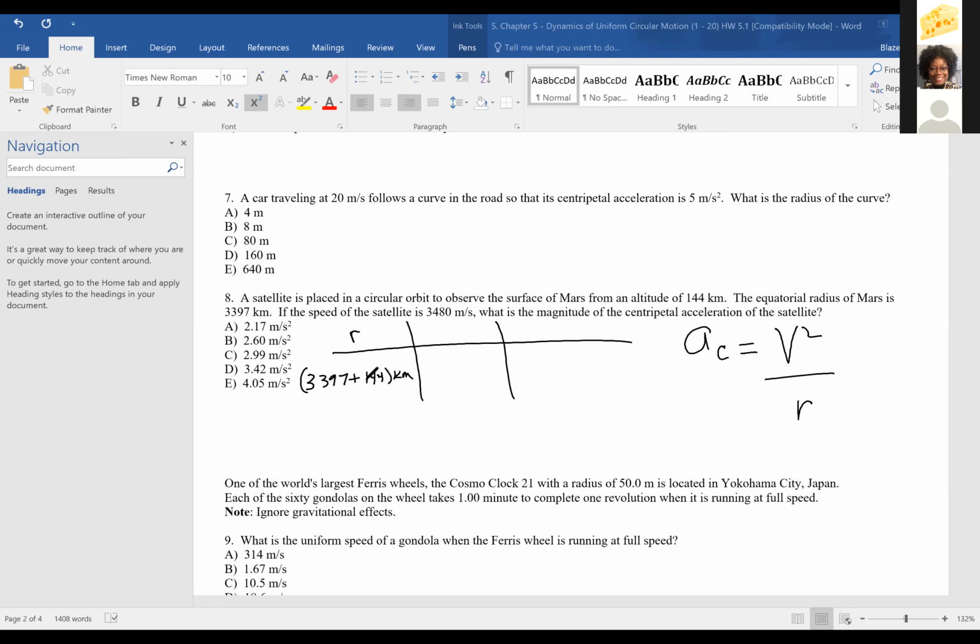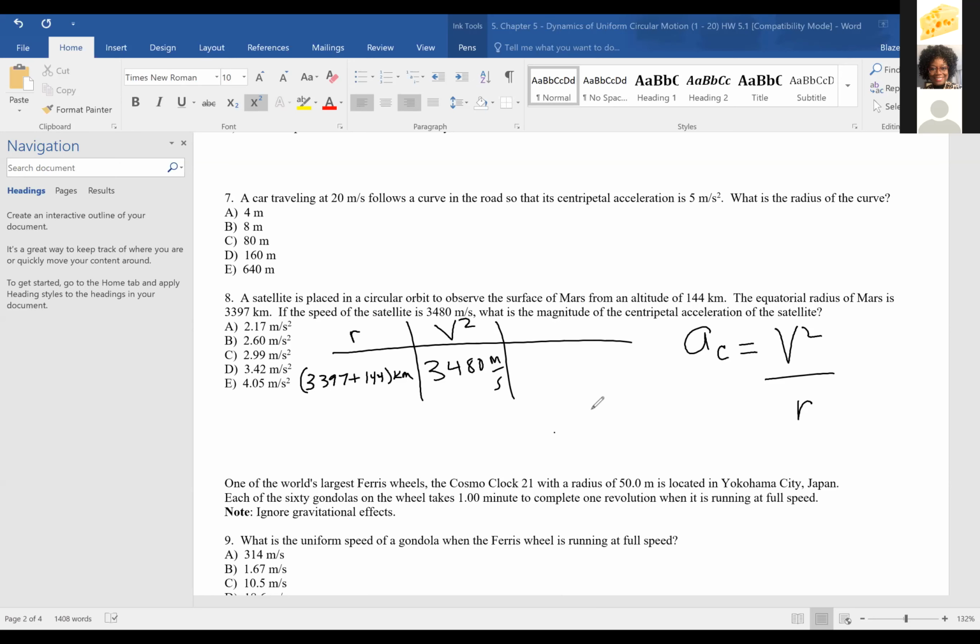And then when I solve the problem, I should get 3.42 times 10 meters per second squared. So just very, very methodically put it in your calculator. You just can't go wrong if you take your time. And just remember, kilometers needs to be 10 to the third.